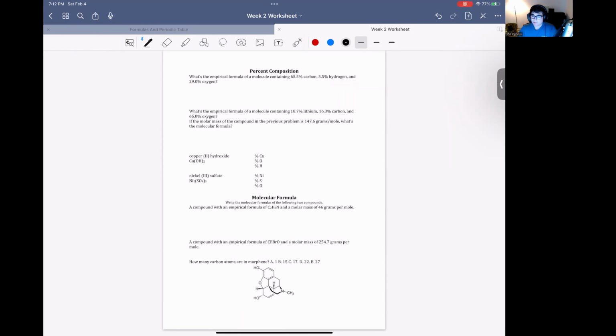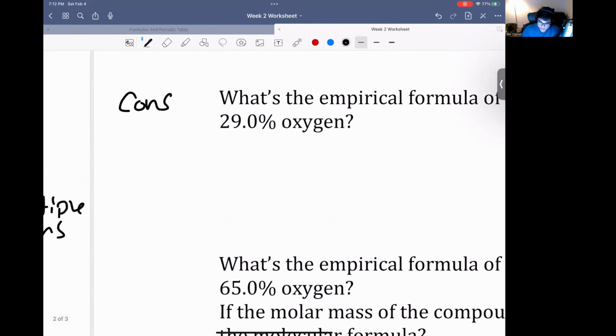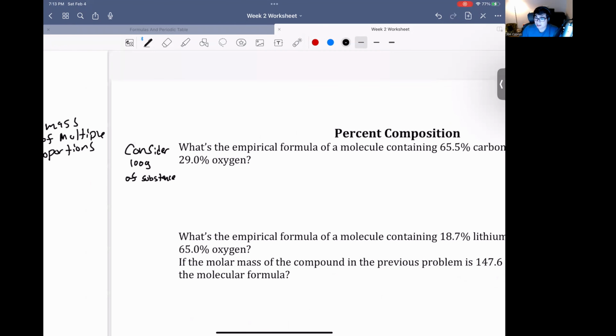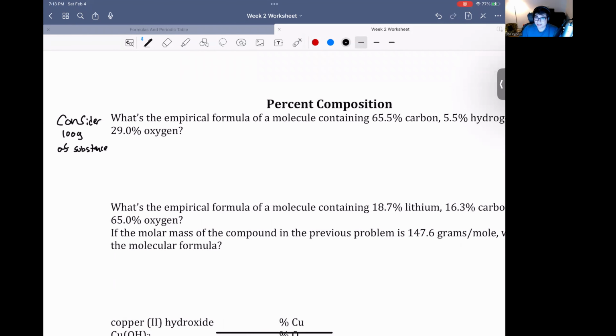So what we're going to do is consider this out of 100 grams. You can use whatever you want, it's going to work out the same in the end. It's just significantly easier out of 100 grams.